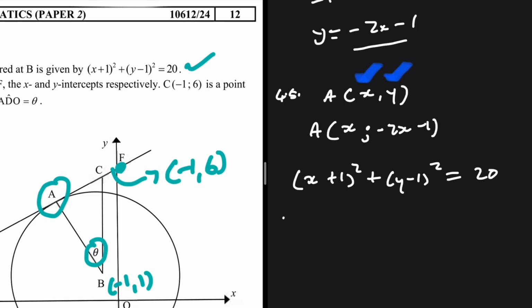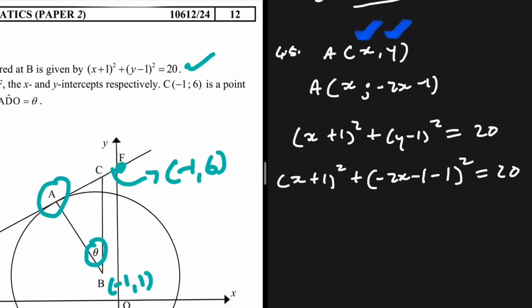So in place of x, we have x plus 1. We square that, plus, and then in place of y, we have -2x minus 1, and then minus 1 once more, squared, equals 20. So what is x plus 1 squared? x squared plus 2x plus 1. And then let me put this inside brackets for the sake of clarity.